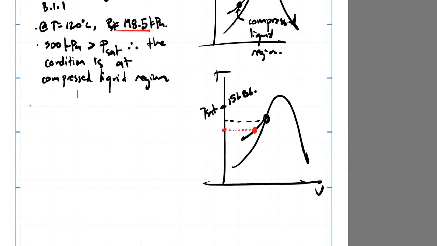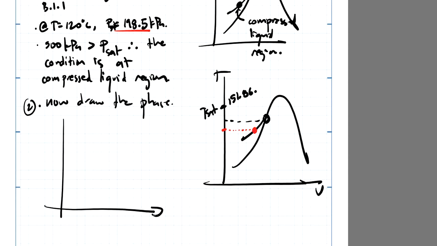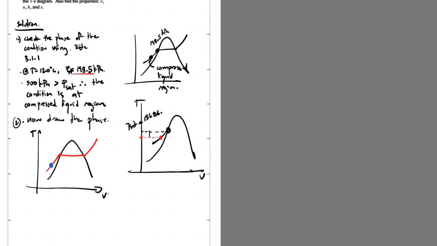So now let's draw the phase. Using temperature and volume, here's our saturation curve, and here's our pressure line. So our state is here. That is in the compressed liquid region, or subcooled region.